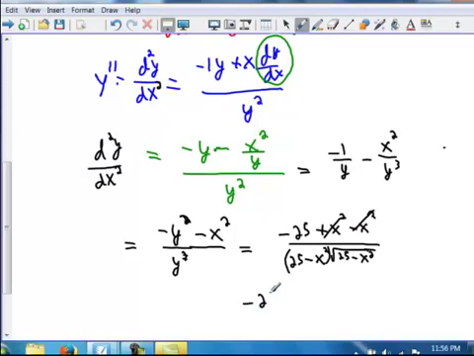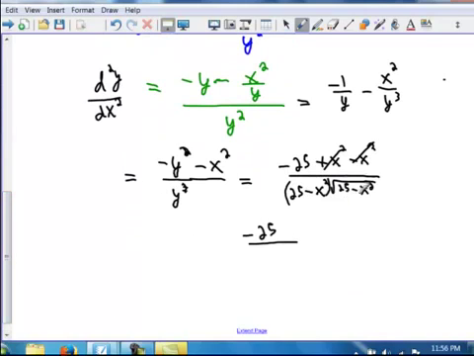So we have negative 25 over, and if we're all in terms of x, I'll write this as 25 minus x squared to the 3/2. And that's d squared y dx squared.